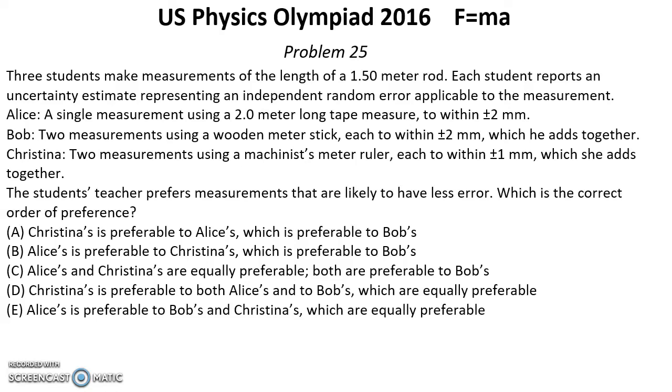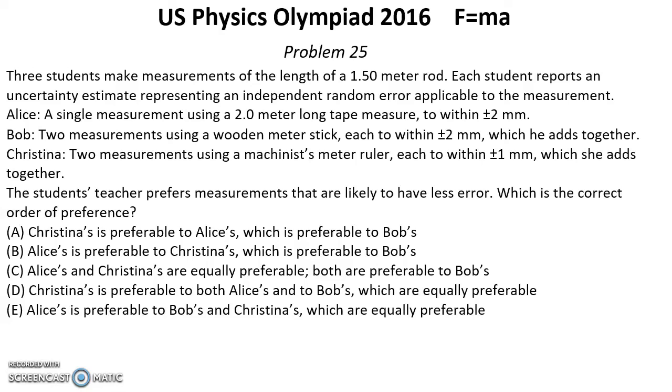Christina: 2 measurements using a machinist's meter ruler, each to within plus or minus 1 millimeter, which she adds together. The students' teacher prefers measurements that are likely to have less error. What is the correct order of preference?